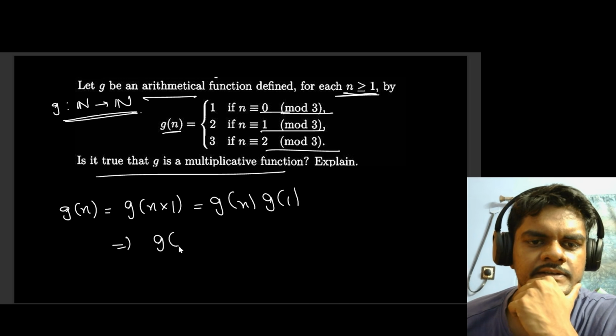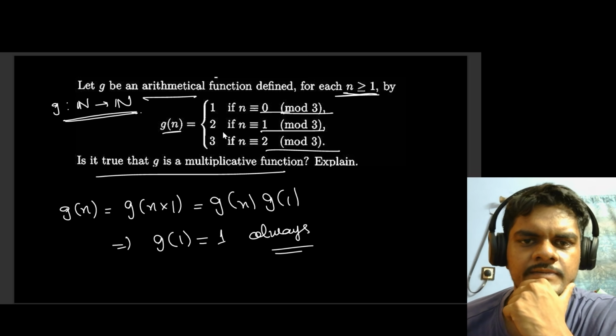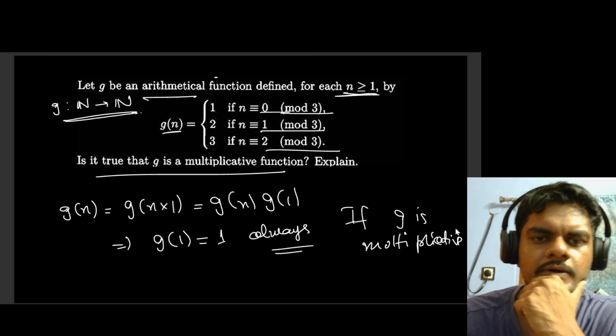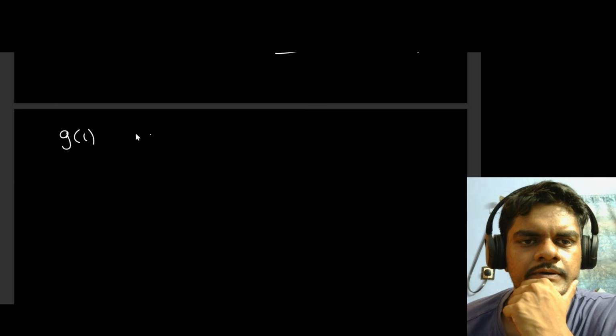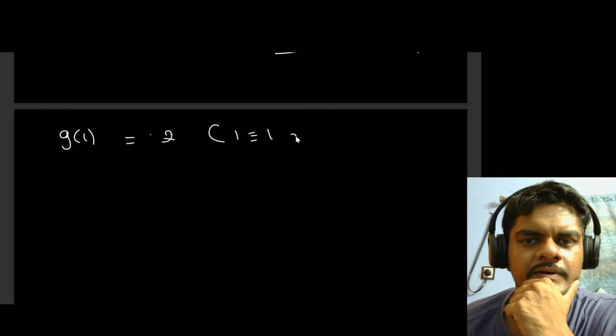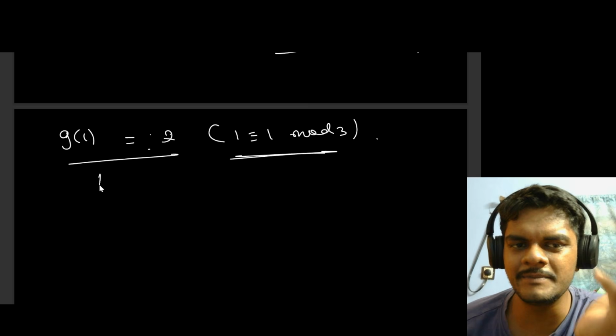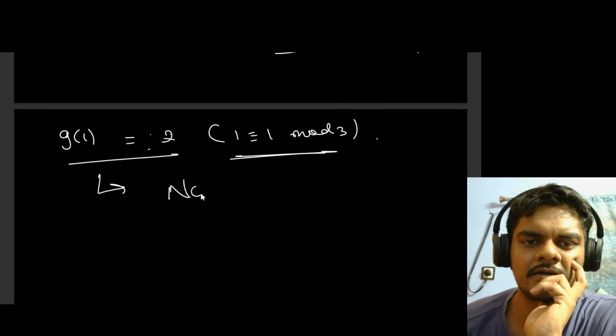So that will imply that G of 1 has to be 1 always if G is multiplicative. What is G of 1? It is equal to 2, as 1 is congruent to 1 mod 3, obviously. So G of 1 is 2. This immediately tells me that this is not a multiplicative function.